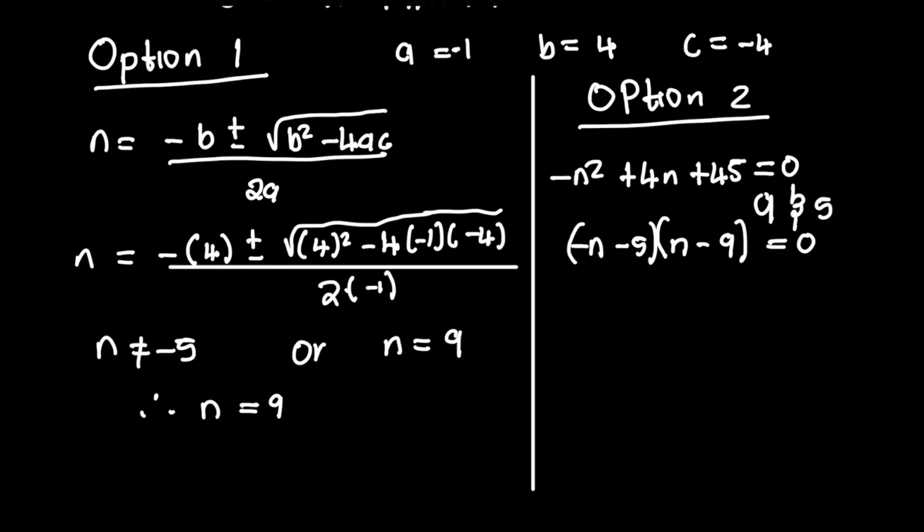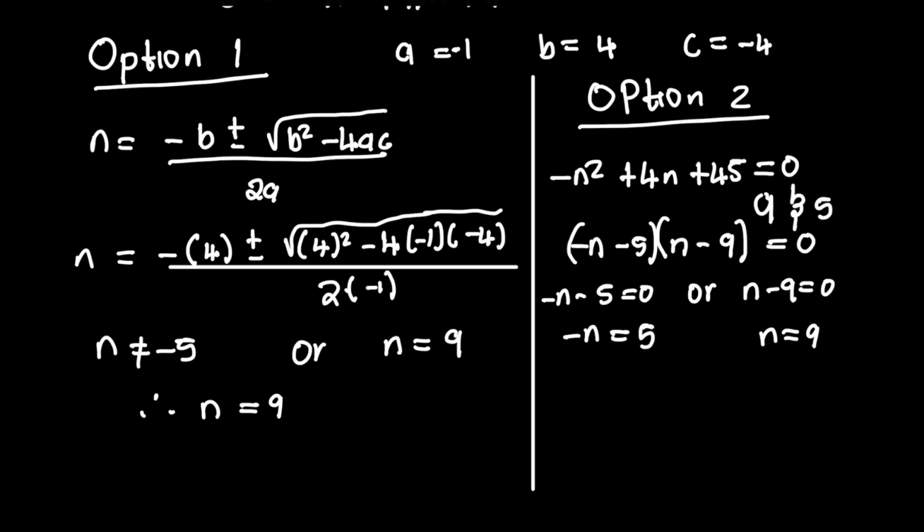And now we're going to equate each one of these to 0. So it's going to be negative n minus 5 equals 0, or n minus 9 equals 0. Negative n is equal to 5, or n is equal to 9.